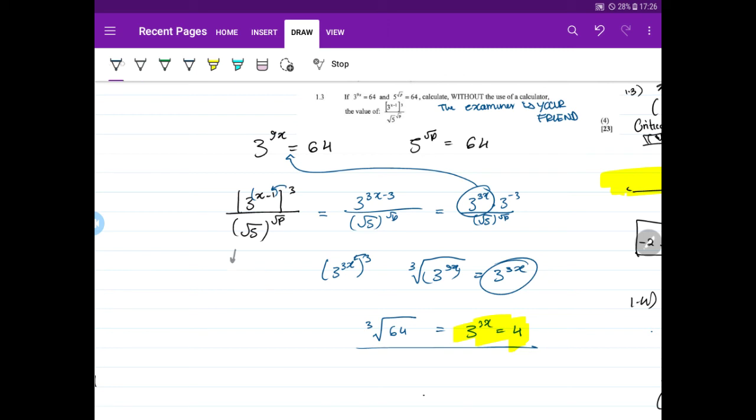So here we can say the square root of 5. We agree that square root 5 is the same as saying 5 to the power half, right? Why?